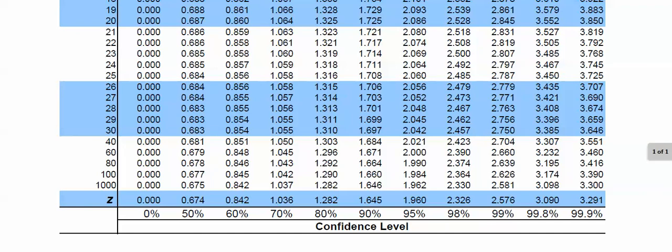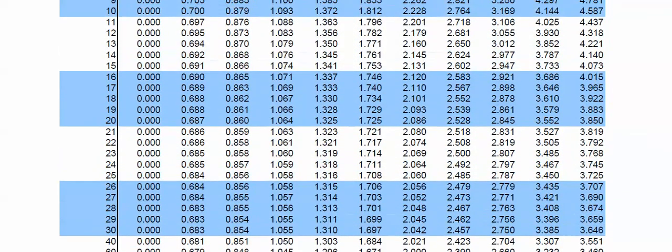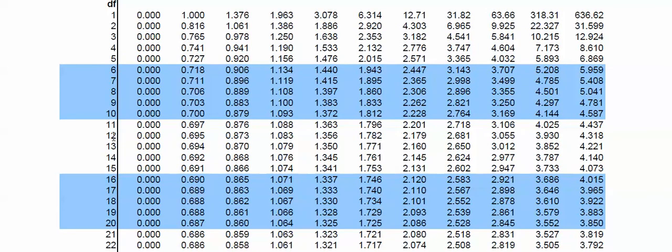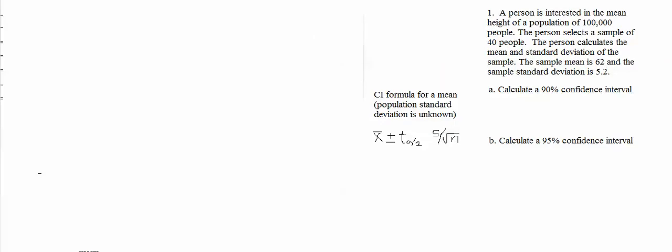And then you would go to the row that we need to get our t-score. The row that we go to actually depends on our sample size. We can see that our sample size was 40 because we have a sample of 40 people.